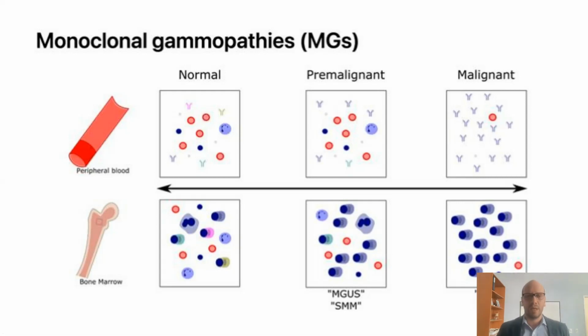Shown in this picture is illustrating that as this disease process progresses, an important biomarker is the presence of monoclonal proteins within the peripheral circulation. And those will be the focus of this talk today.